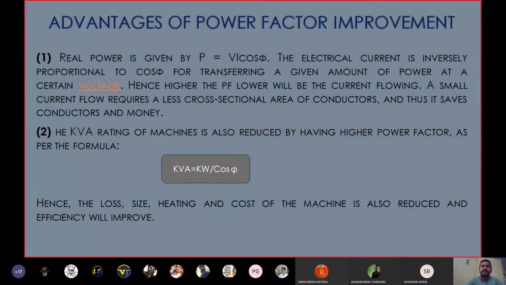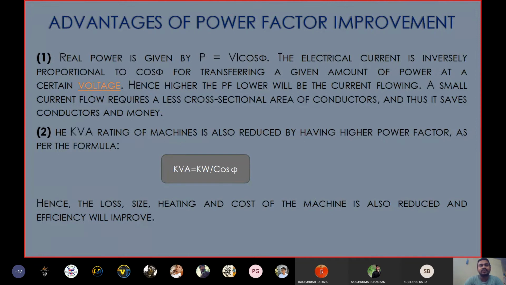For a given amount of power at a certain voltage, the higher the power factor, the lower the current flowing. If the power factor increases, the current reduces, so less current will flow through the equipment.